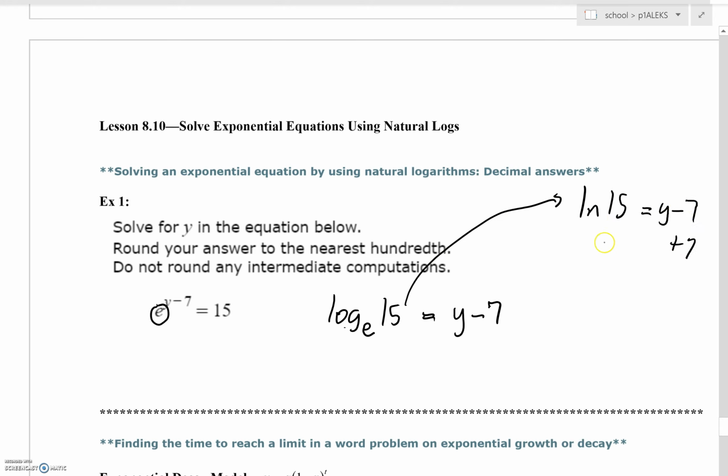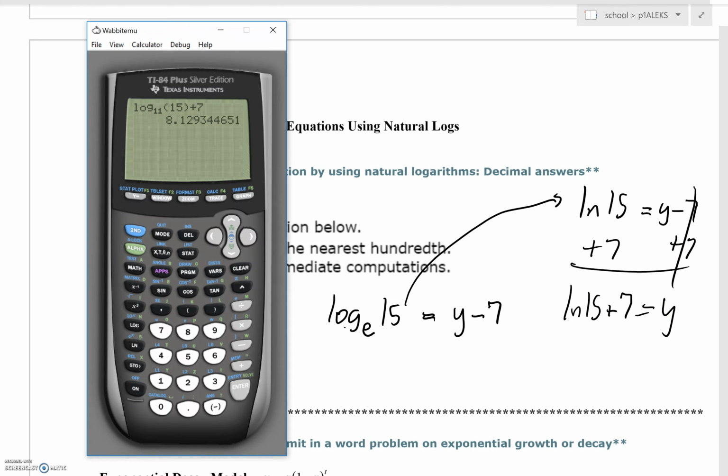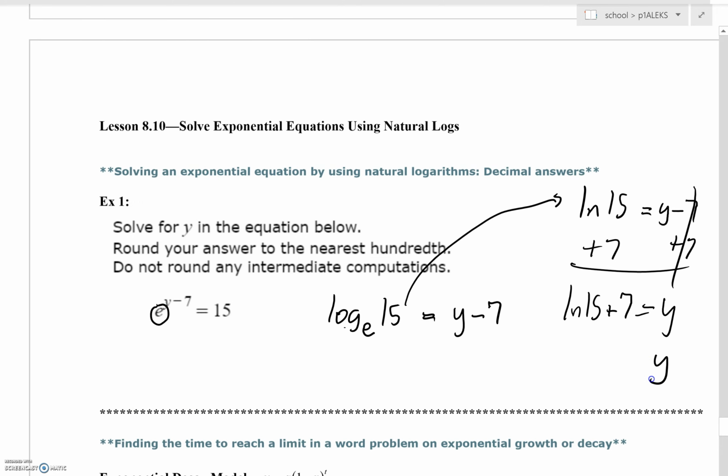And then we can just add a 7. And the official answer would be natural log of 15 plus a 7. And we can get that typed in. You need to close parentheses, though. This is the end of your log. And we'll type plus 7. And we should get 9.71 as we're going to the nearest hundredth.